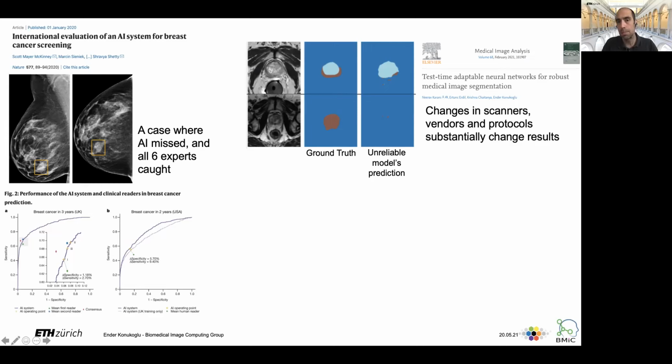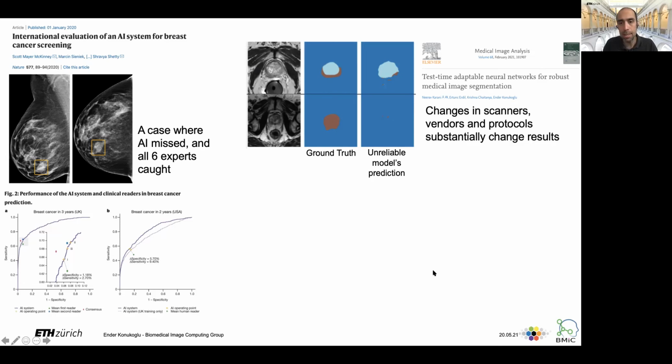The algorithm should be able to predict the ground truth, shown in the second column, but instead it predicts the third column, which is quite a small part of the prostate gland. So the simple segmentation method we tried fails if there are changes in the scanner, the vendors, or the protocol; the accuracy degrades substantially.